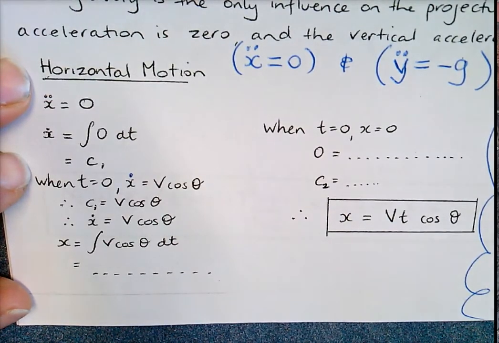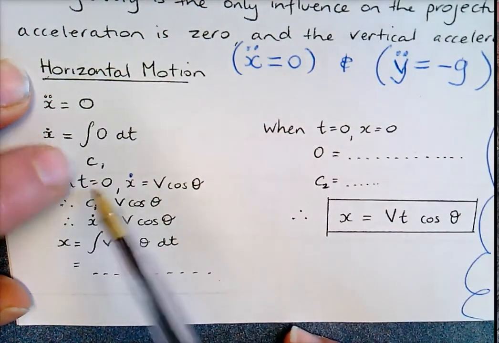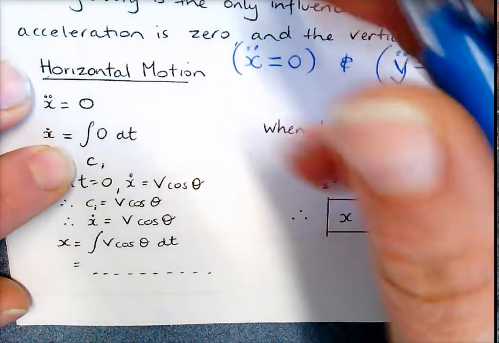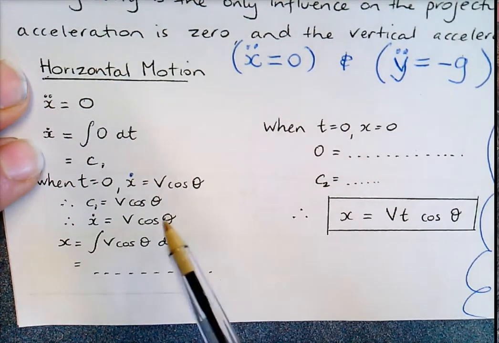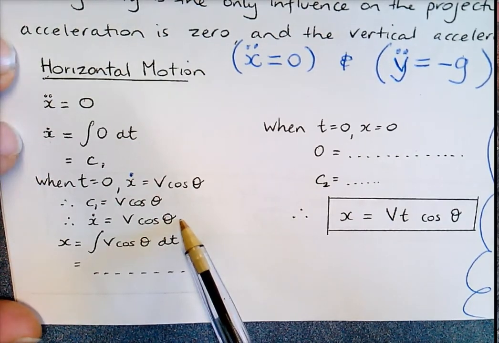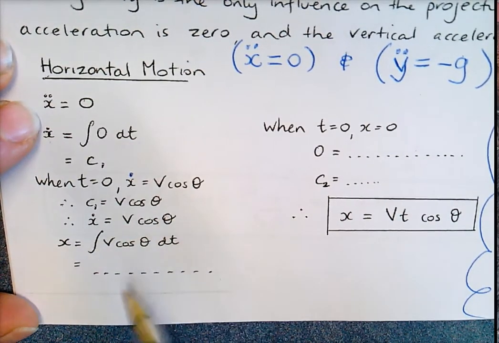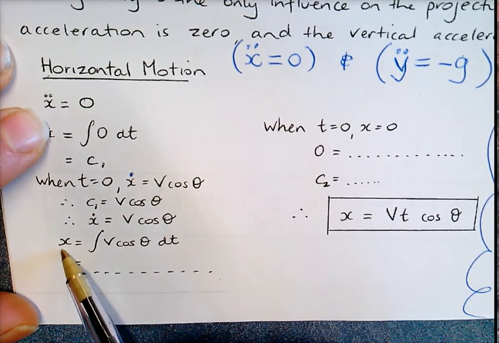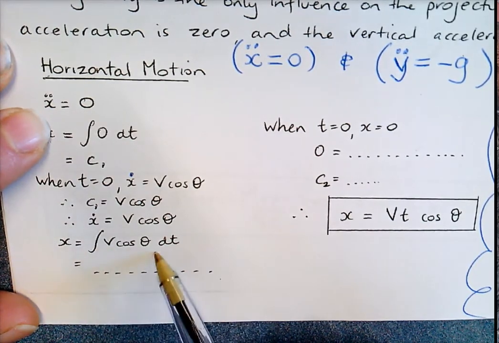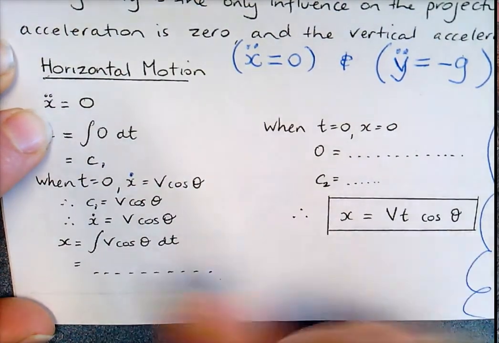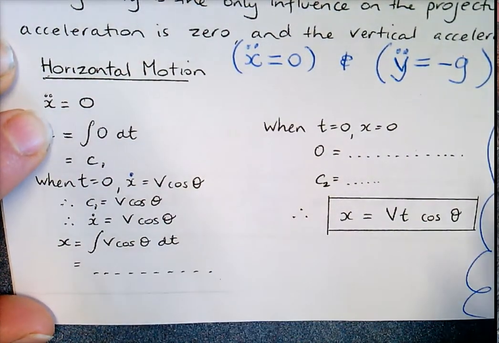There is no substitution to make for any particular t because there's no t. But we know that initially the velocity in the horizontal direction is v cos theta. So now, are we okay? Now x, which is the displacement, is the integral of v cos theta dt, which is what? How do you integrate that?